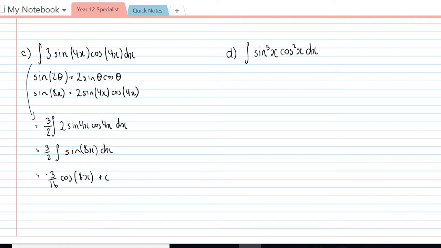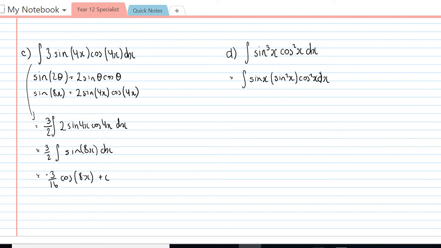Sine cubed x cos squared x dx. So firstly what I'm going to do is I'm going to break this into sine x multiplied by sine squared x multiplied by cos squared x dx. Now what I'm going to do next, basically I'm thinking I could probably put all this in terms of cos and make it fairly nice.